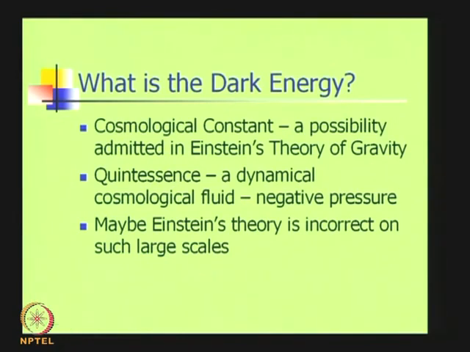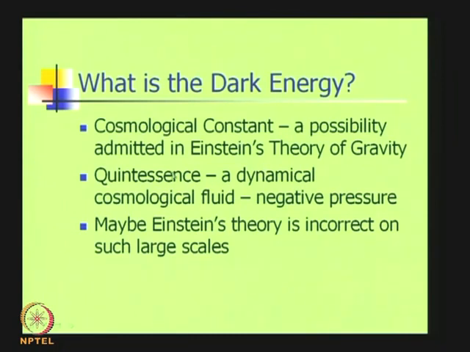Just like you have matter spread out all over the universe, you also have another kind of fluid spread out all over the universe, which has got negative pressure. Such a fluid has its own dynamics, and the scalar field is one example of such a fluid which fills the entire universe. By some means you can introduce mechanisms by which it has negative pressure.